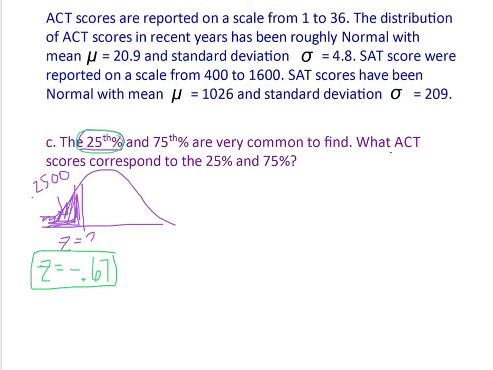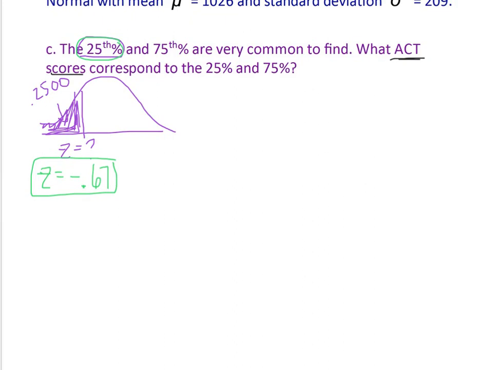Since it wants the ACT score, meaning it wants the numbers in ACT units, not in z-score units, I'm going to set negative 0.67 equal to x, which is what I'm looking for, minus the mean of 20.9, I got that from the problem, divided by the standard deviation of 4.8.